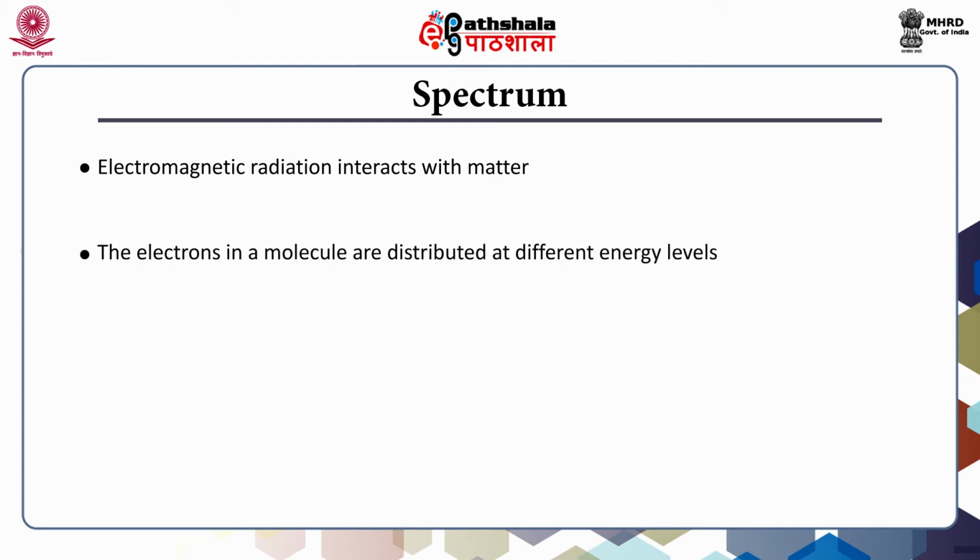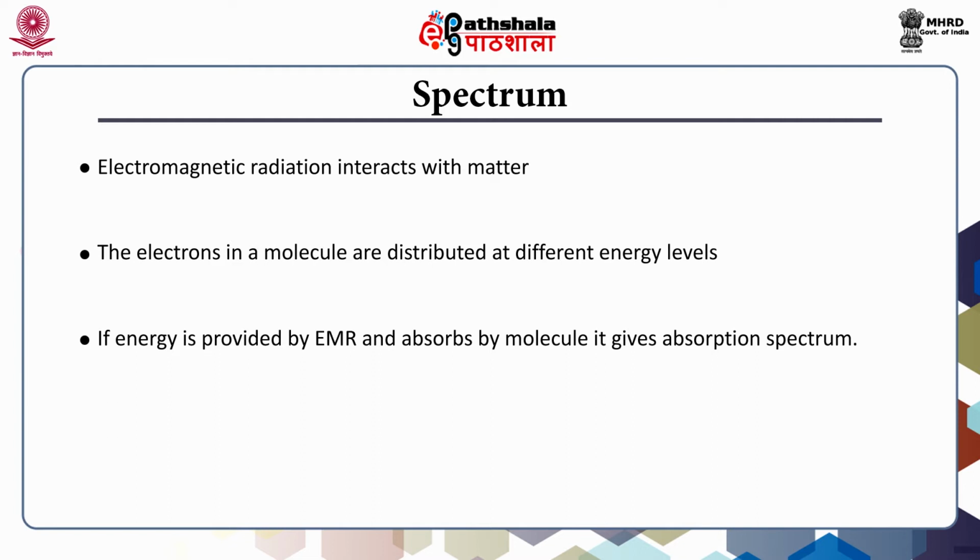The electrons in a molecule are distributed at different energy levels but are mainly present in the lowest energy state, referred to as E1, until promoted to an excited state represented by E2. The difference in energy, delta E, which is equal to E1 minus E2, in terms of the quantum, is required by the electrons to reach the higher energy state, also referred to as the excited state.